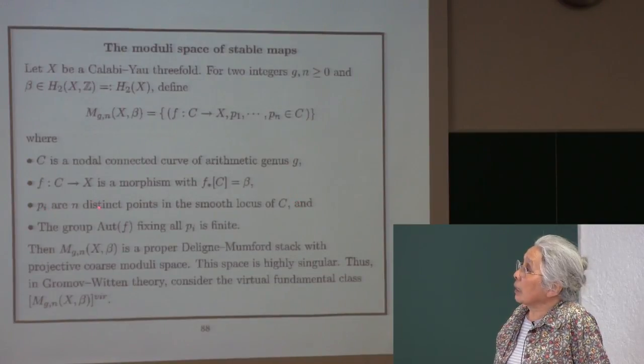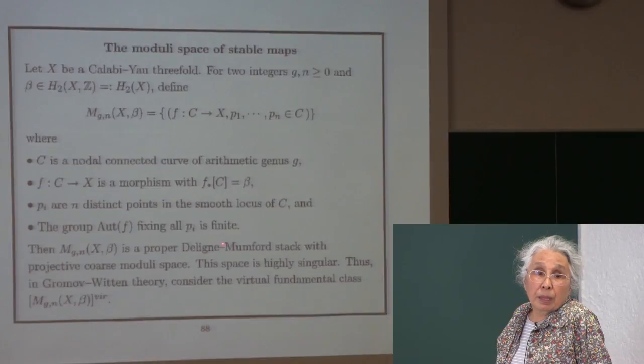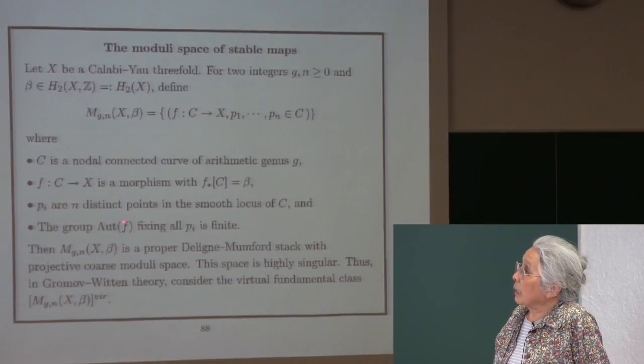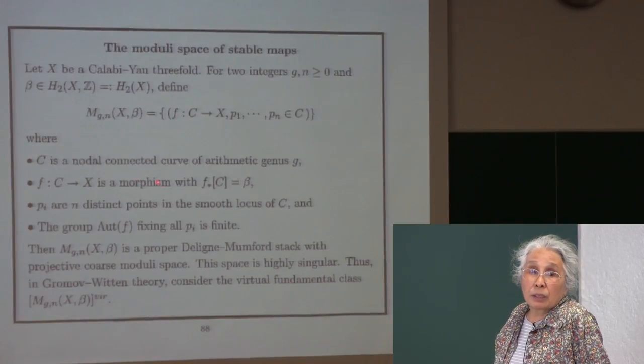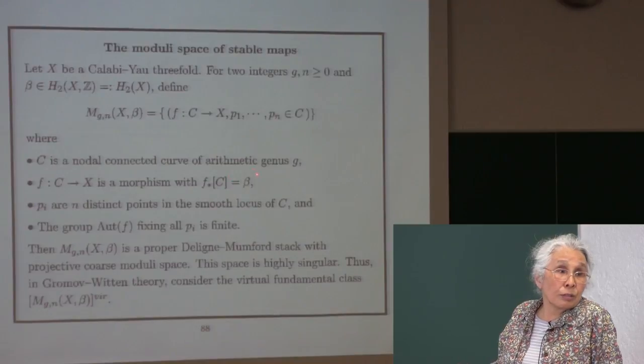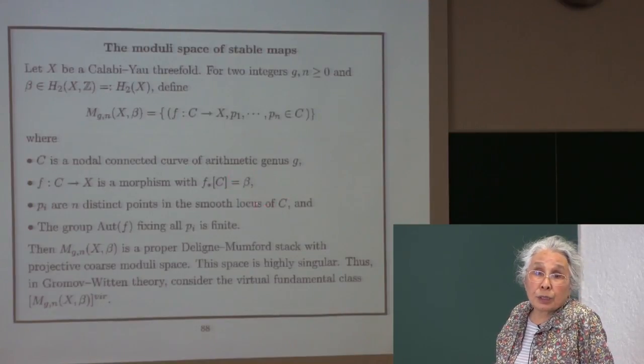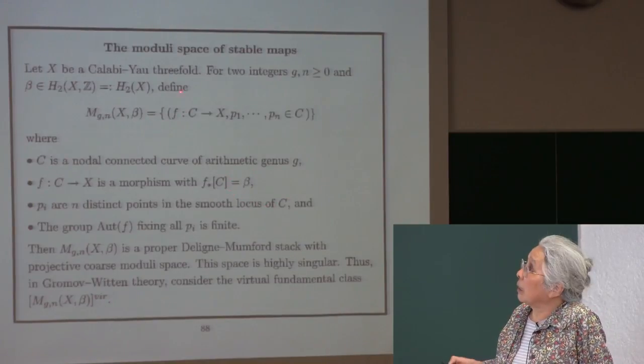And the p_i are distinct smooth points sitting in the smooth locus of C. The automorphism group fixing all p_i has to be finite. Stable means that if the function f is constant on some component, this component must contain at least 3 distinct points. That's a stable map.